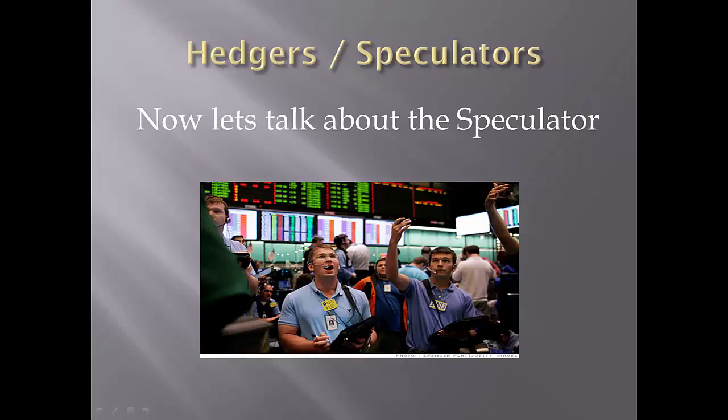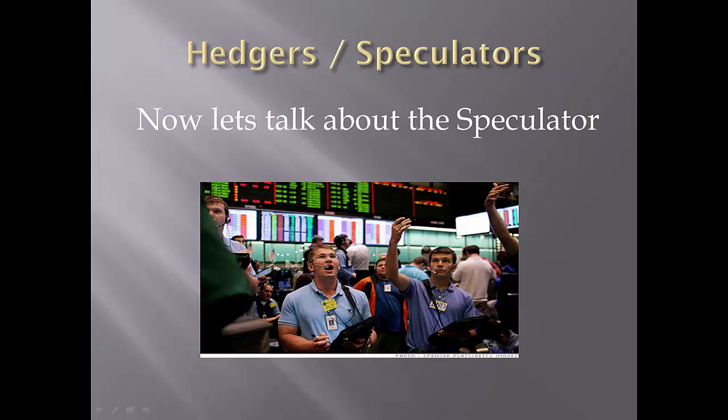Now, if the producer and the end user are looking to lock in prices, then there has to be another party to a transaction who is willing to take that risk on that the producers and the hedgers are looking to fix. So they're looking to fix prices from a floating price to a fixed price.